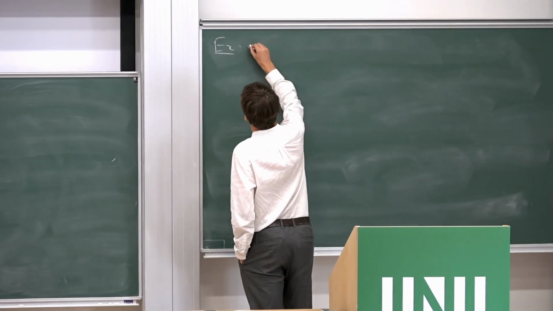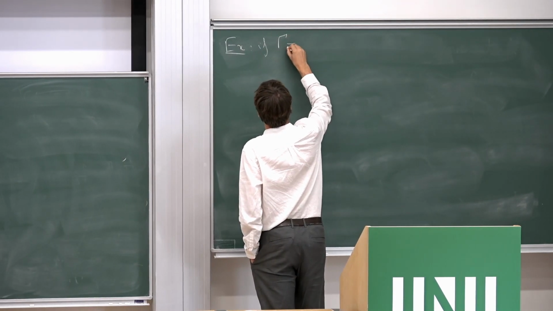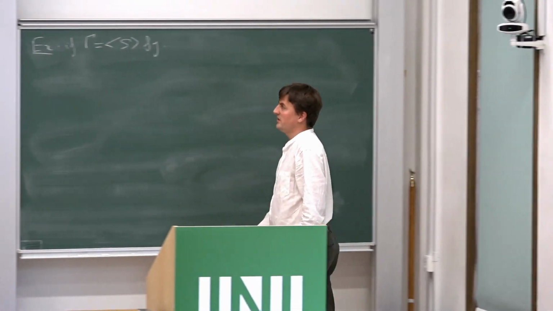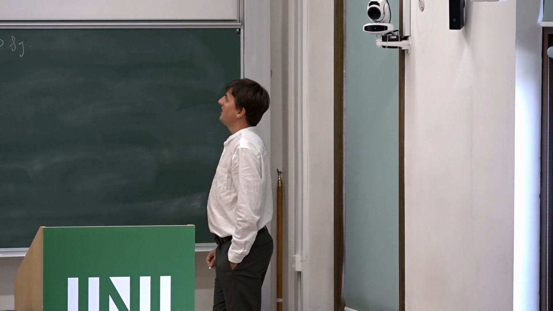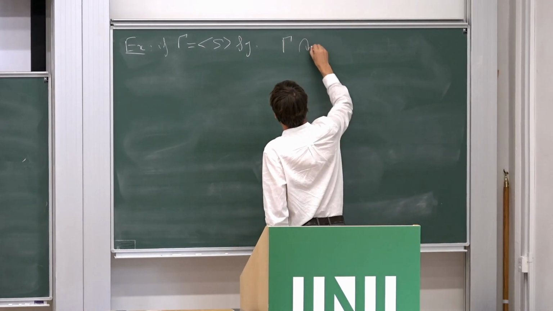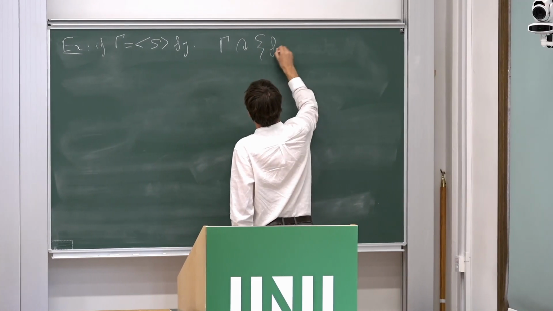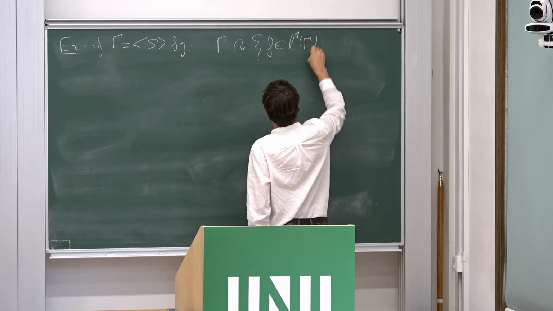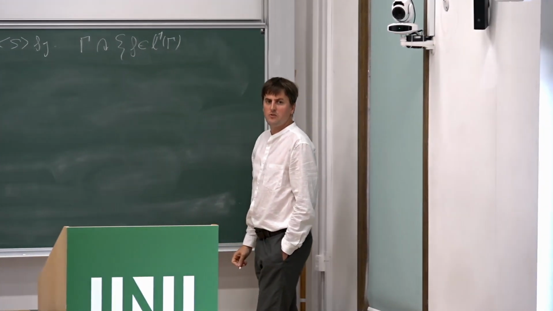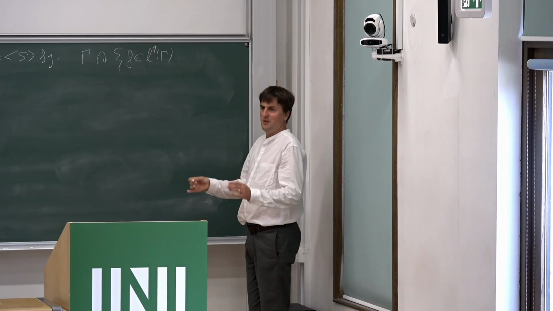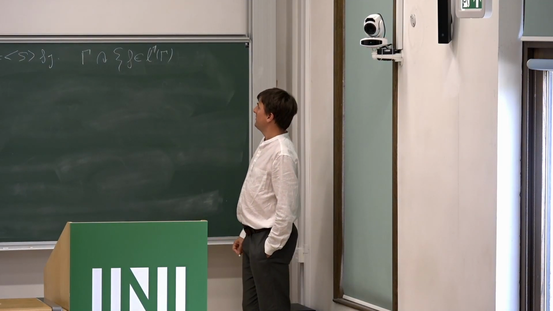So if we take gamma, which is let's say a finitely generated group with finite generating set S, then actually we can make gamma act on the set of elements in L1 of gamma. So L1 of gamma is the set of functions from gamma to the complex numbers such that the sum of the absolute values is finite.